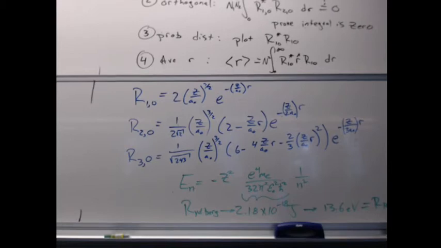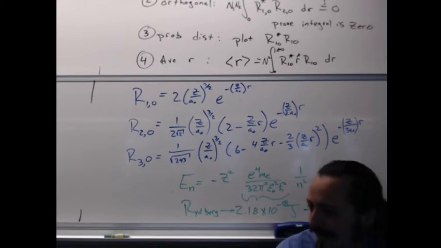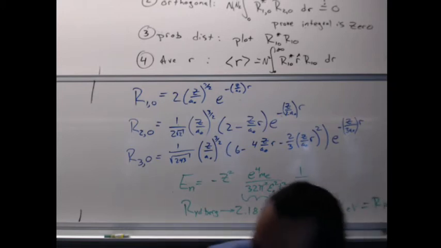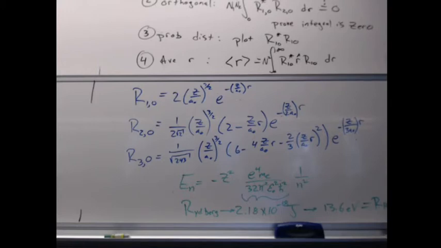Nope. That is not what I was expecting for n equals 3, L equals 2. I think I have a mistake in my code someplace. Psi squared. What did I forget? Oh man, I'm so disappointed in myself right now. Which part did I forget?